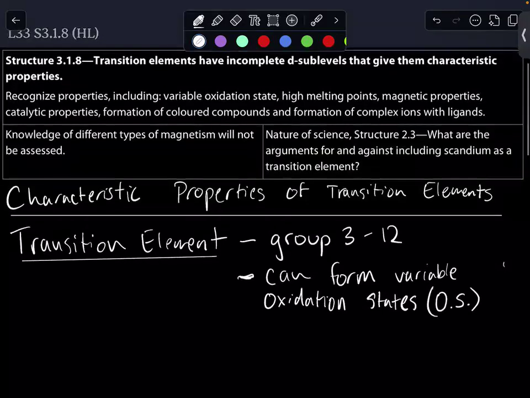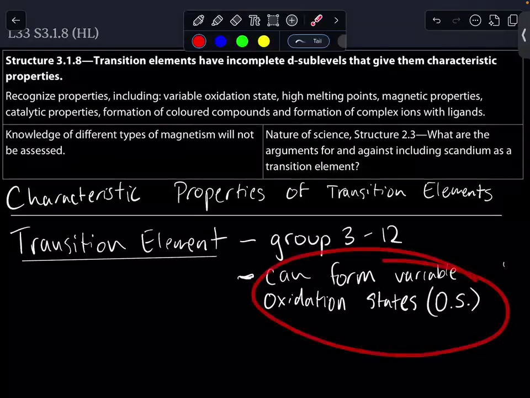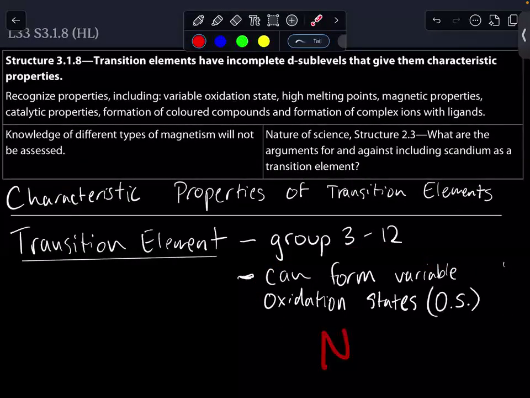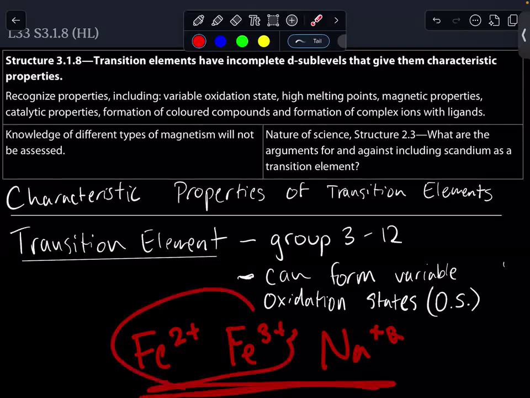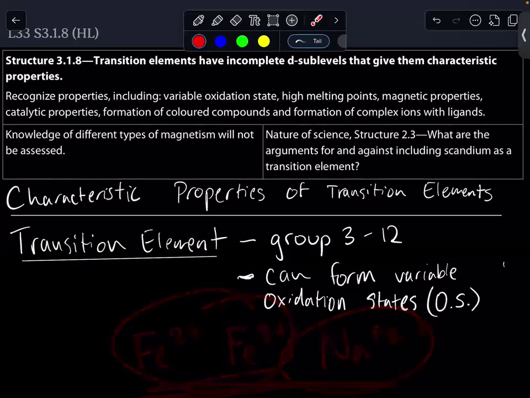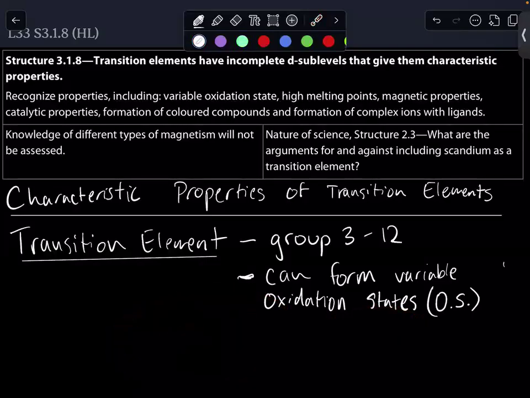Now, variable oxidation states is when we're talking about ions like sodium, which forms a 1 plus ion, so it has one oxidation state. However, iron, a transition element, can be 2 plus or it can be iron 3 plus. So either works, and because of that, this is a transition element, this is not. So they can form variable oxidation states.